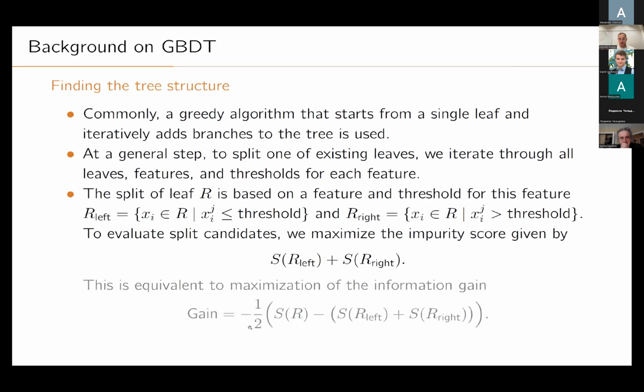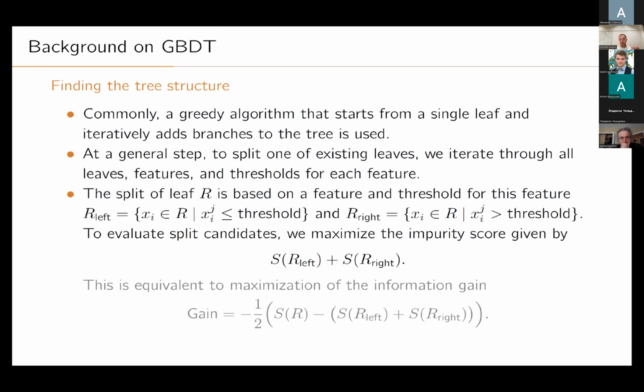All the terms cancel, and we just have -1/2 times the scoring function at leaf R before the split, minus S of R left plus S of R right. The first term is just a constant because it doesn't change from split to split. So if we want to maximize information gain, we need to maximize this sum. All right, so this is what we do.